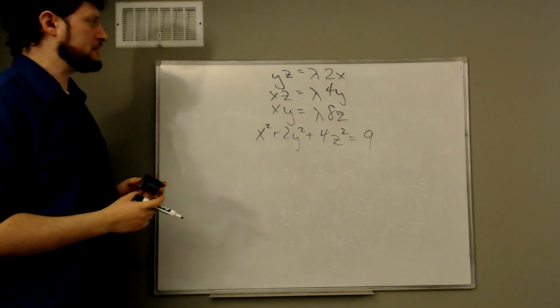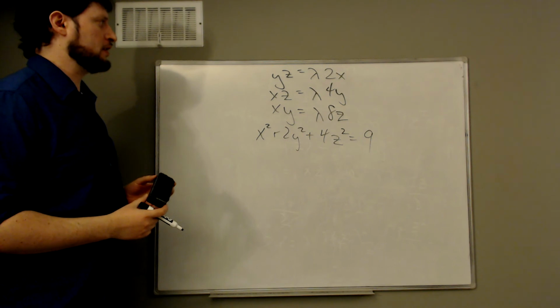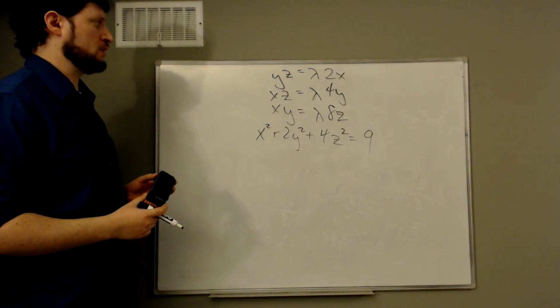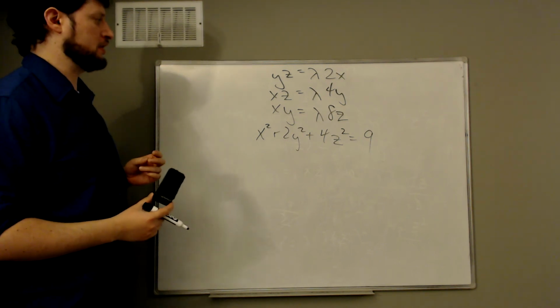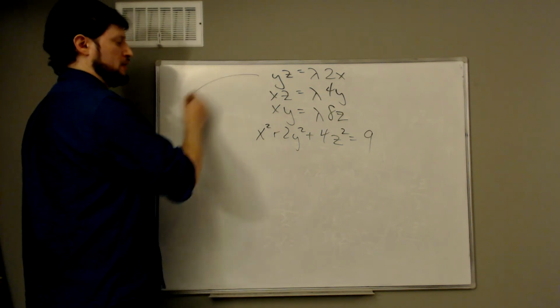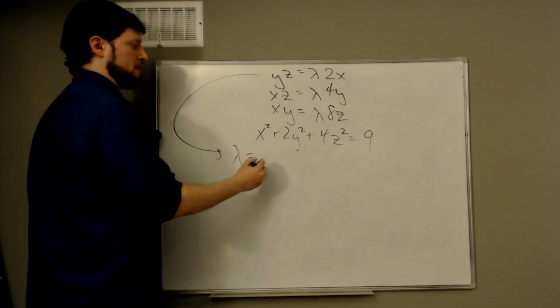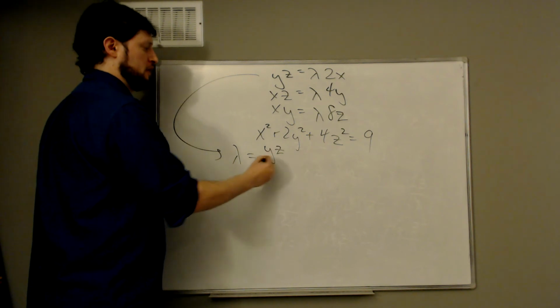If nothing jumps out to start, we're just going to go through, solve for one of the variables and plug it into the others and see if anything falls out. So let's just take this top equation and let's solve for lambda. If I solve for lambda, it becomes lambda is equal to yz over 2x.